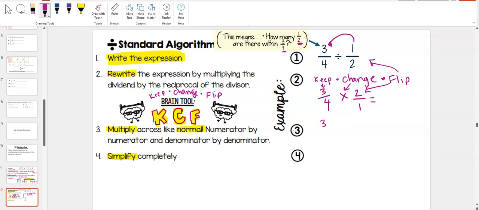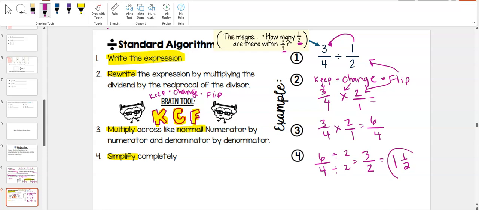Now we're going to go ahead and do step 3, which is just to multiply across like normal. So we're going to go straight across. 3 times 2 is 6. 4 times 1 is 4. And now we're going to simplify. I can do this 2 ways. I can reduce first and simplify. 2 goes into both 6 and 4 evenly, and I can get 3/2. And then I can turn it into a mixed number.